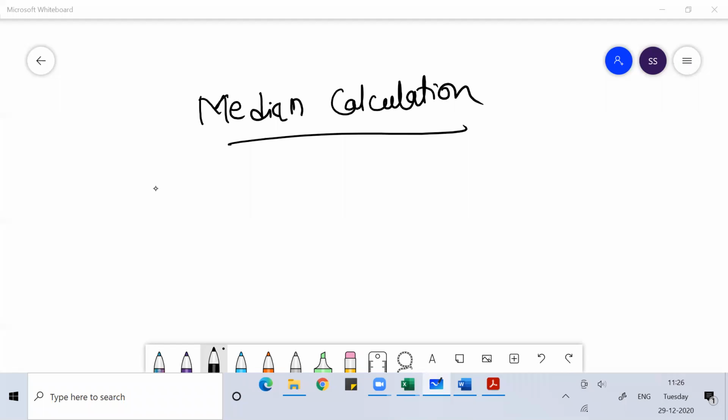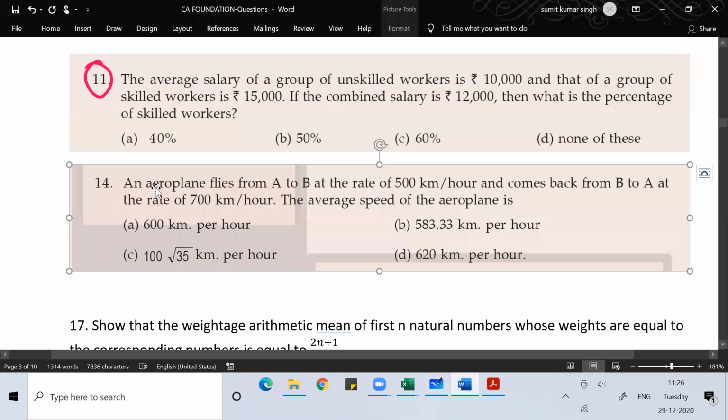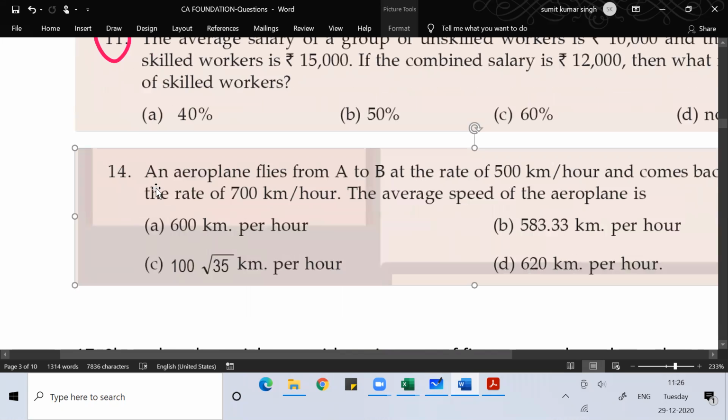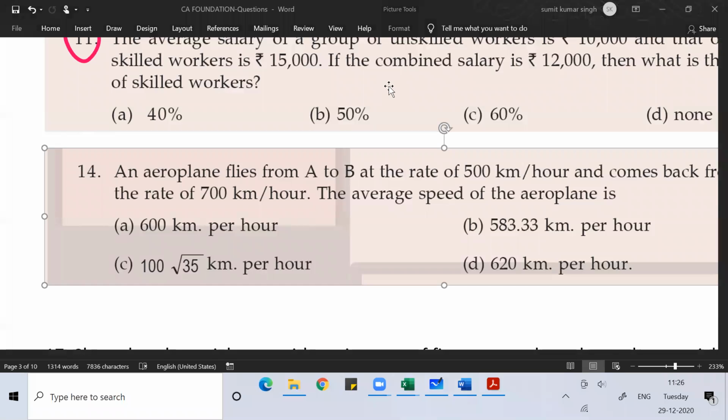It is not calculated through arithmetic mean. That is a common mistake students make in exams. If they see this kind of problem, they think that the average speed would be 600 kilometer per hour. So please don't make such a mistake. Either you do it mathematically or use statistics, and if you are using statistics, you have to understand it follows harmonic mean.